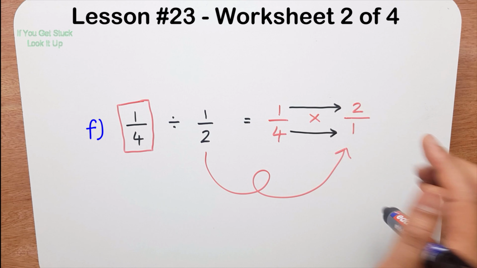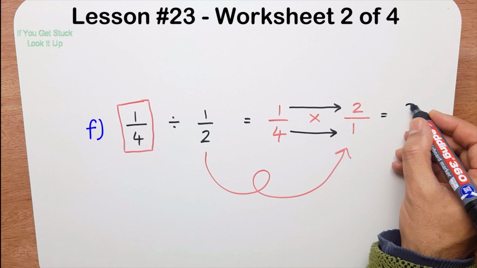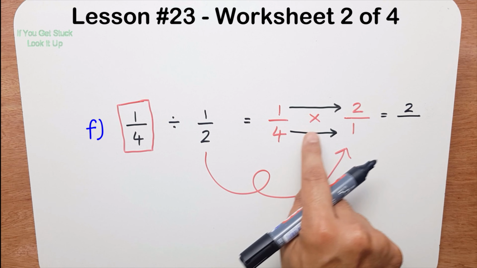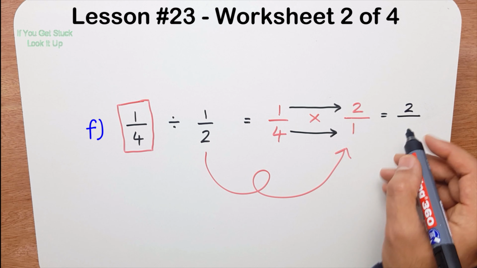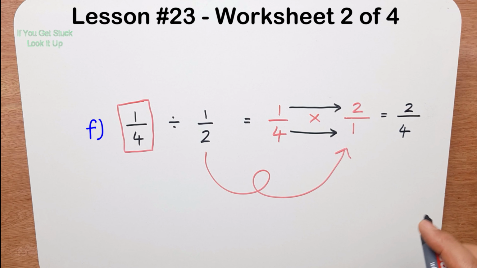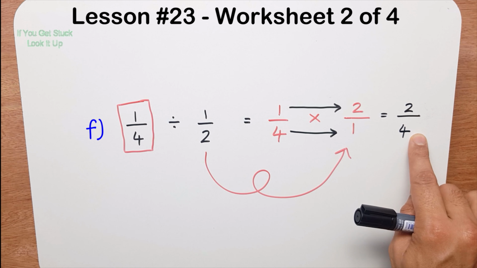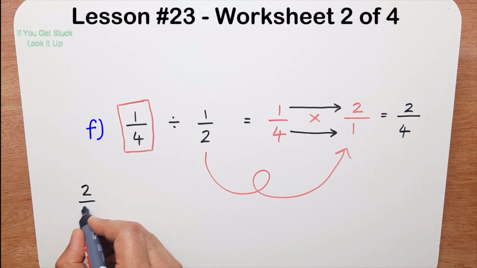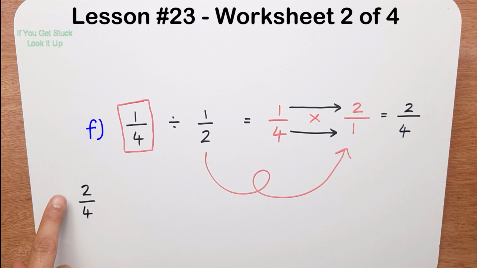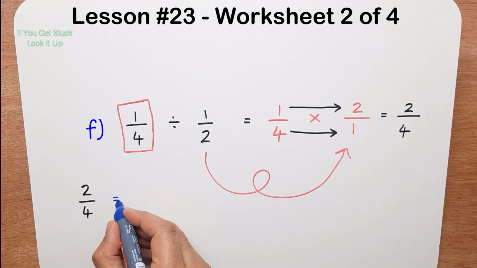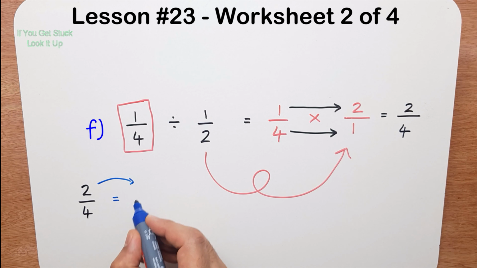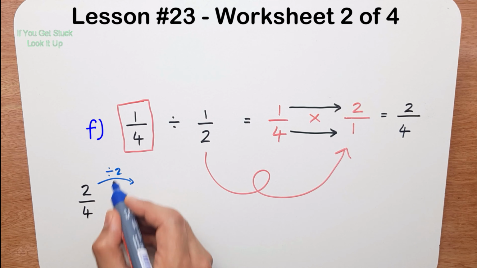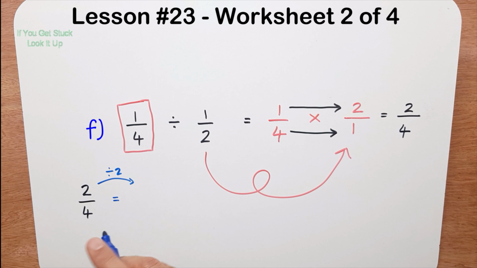1 times 2 equals 2. 4 times 1 is 4. Now I can see 2/4 I can simplify, so I'm going to bring it here. 2/4. Now these two numbers are both even, so I can divide the numerator, or the top number, by 2, and whatever I do to the top number I have to do to the bottom number.